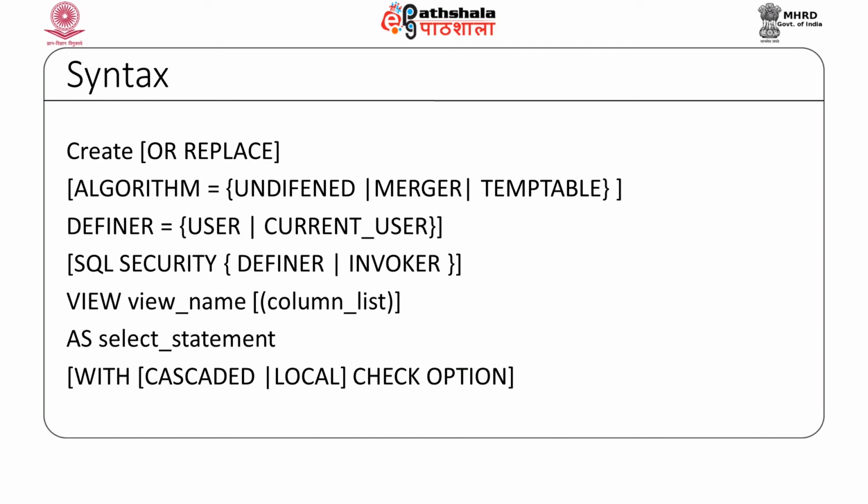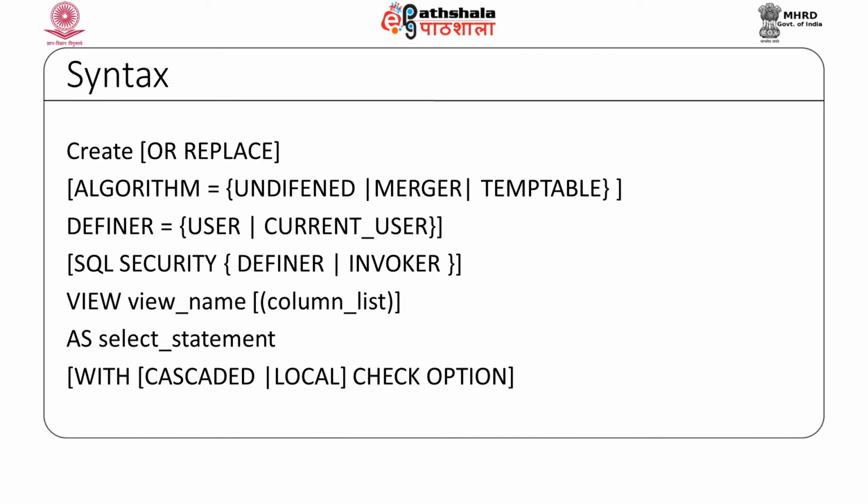And when you specify create or replace, you are allowing the compiler to drop the object and recreate. If you do not use the word replace, the compiler will give you an error saying the database object already exists.